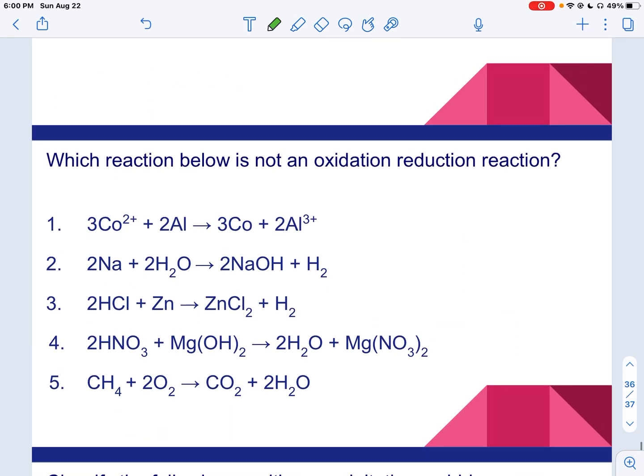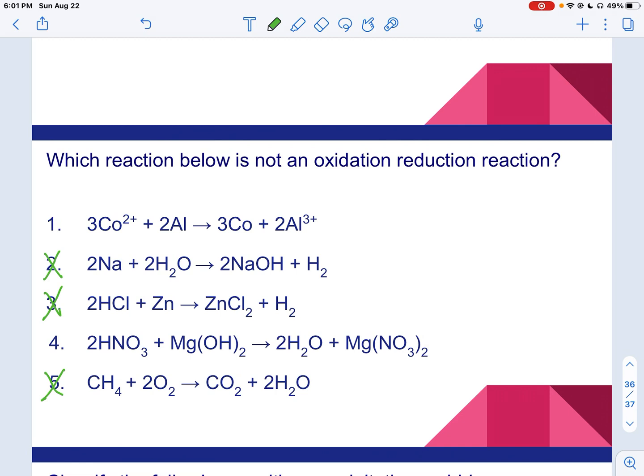So here's another type of question. Which reaction below is not an oxidation reduction reaction? Okay, so what I would do here is look for the types I know are always redox. So combustion, we have combustion number 5. That's not going to be the answer, because we know that combustion's always redox. Single replacement right here, that's not going to be the answer.